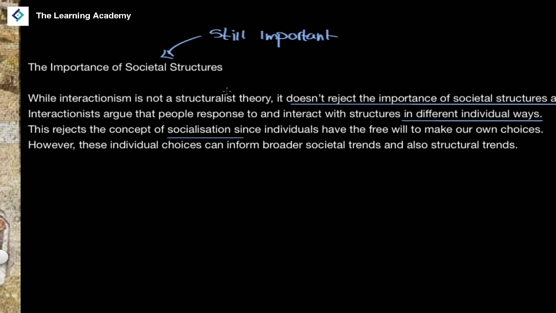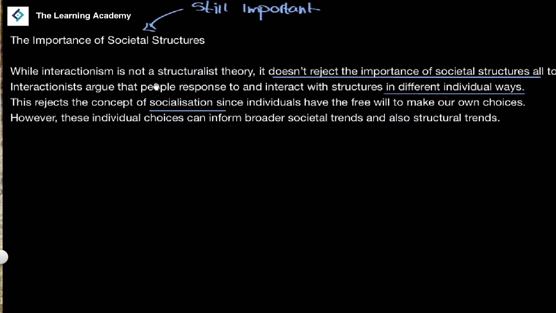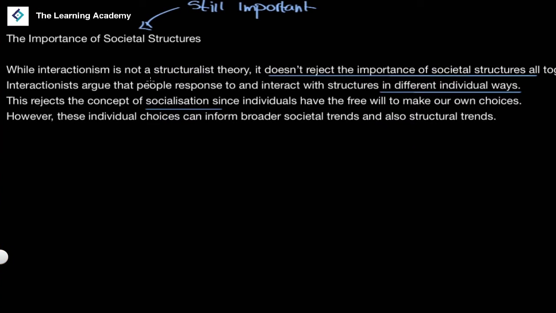And what interactionists argue is that all of these individual choices and the ways in which they interact with each other will inform and play into the broader societal trends. And this will have an impact on the broader social trends.